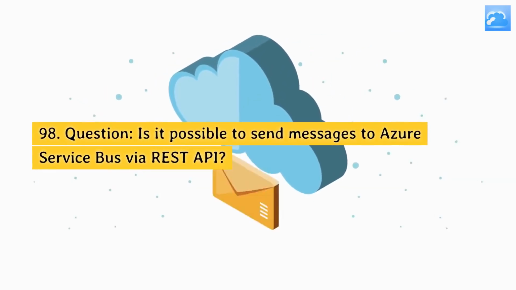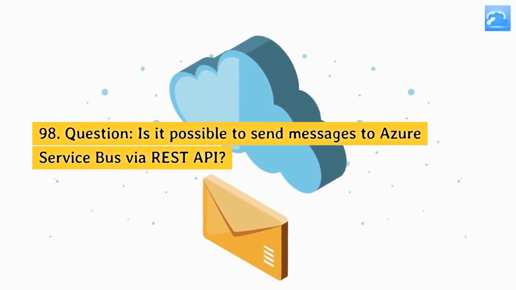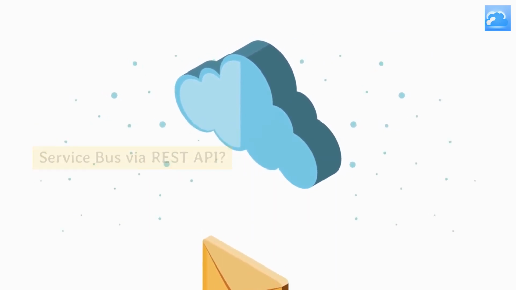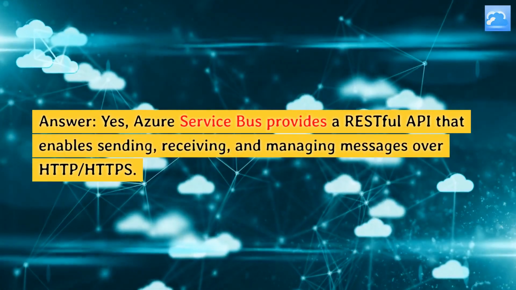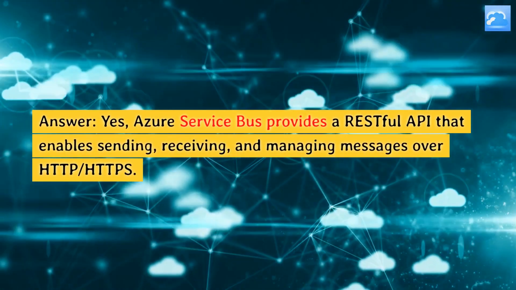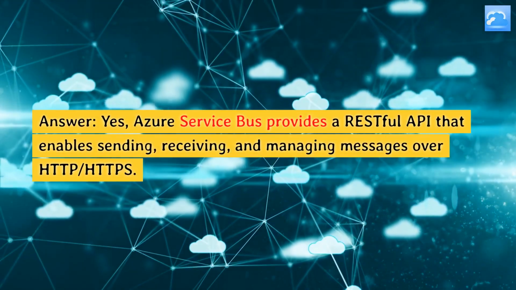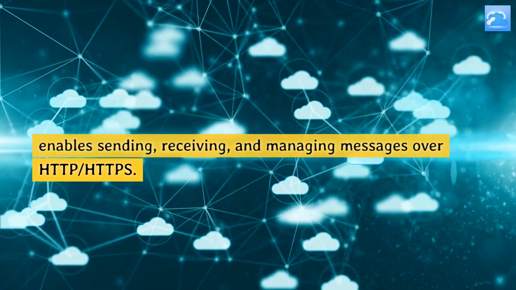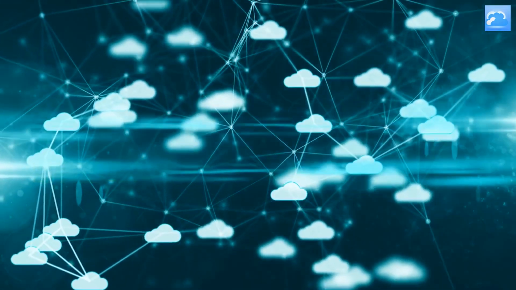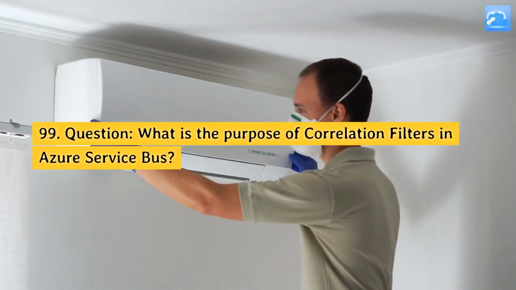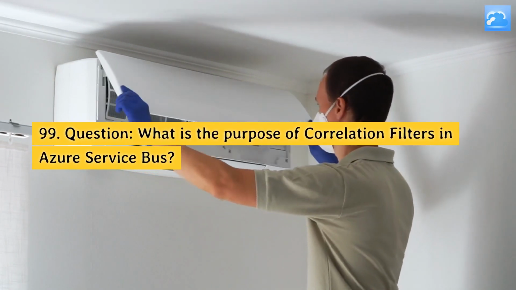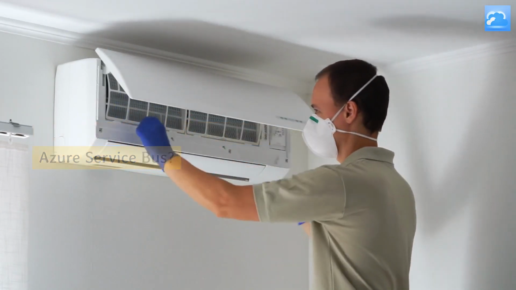Question: Is it possible to send messages to Azure Service Bus via REST API? Answer: Yes, Azure Service Bus provides a RESTful API that enables sending, receiving, and managing messages over HTTP/HTTPS.